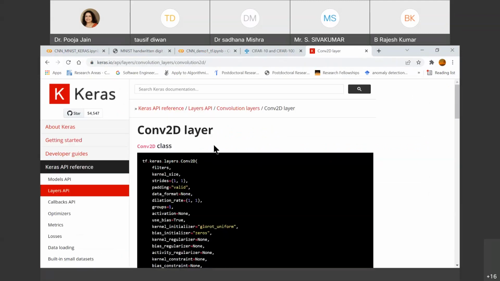Just look at this, tf.keras.layers is the layer that we are using. The first argument represents how many filters we are using. Kernel size is what, stride is what, padding is what. All these are parameters that can be used over here.